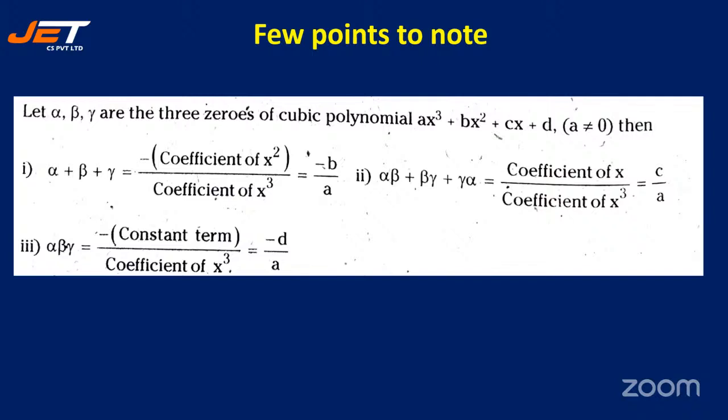Alpha beta plus beta gamma plus gamma alpha is the coefficient of x by the coefficient of x cube, that is c by a. Alpha beta gamma is minus the constant term by the coefficient of x cube, that is minus d by a.